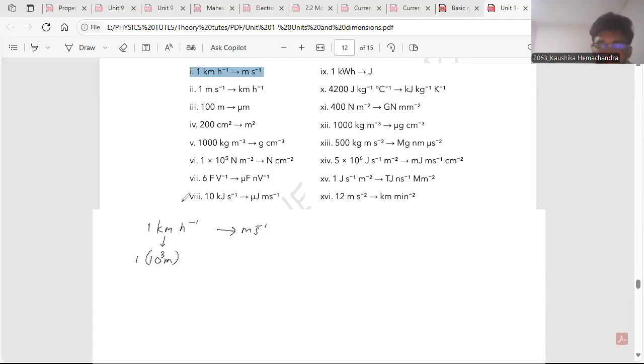And per hour. So how much is 1 hour? 1 hour, 60 minutes, right? 60 minutes is how many seconds? 1 minute is 60 seconds. 60 into 60 seconds. So it's 3600 seconds, 1 hour, right? 3600 seconds. That is per hour.